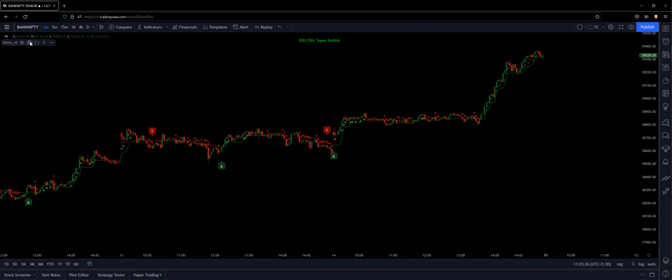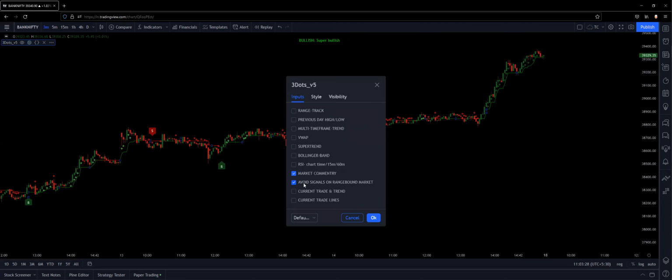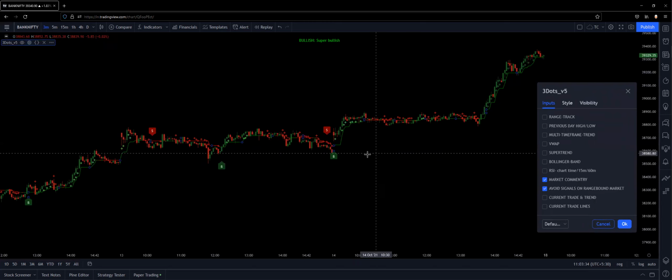When you enable this option, don't expect it will give immediate signals and all, right? It will give a signal whenever the conditions are met, and you just need to learn how to trade these things, right?